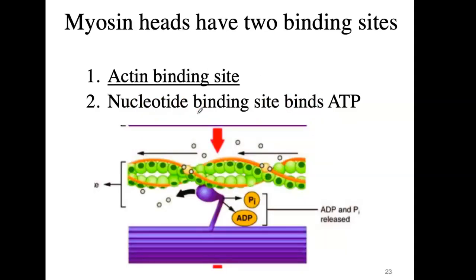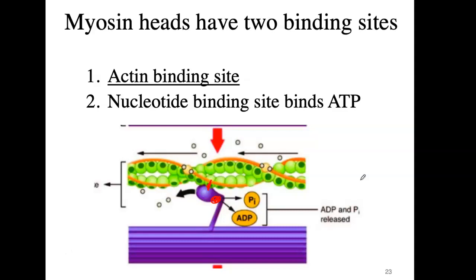Myosin heads have two binding sites. One is where it's going to bind to actin. We're going to call that the actin binding site. So right here. The other is a nucleotide binding site that's going to bind ATP. And why does it need that? Because in order to contract a muscle, you will need ATP.